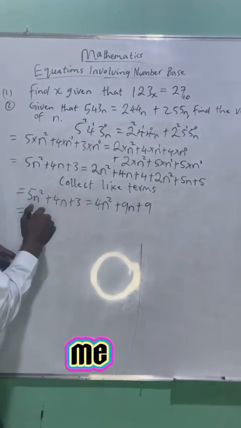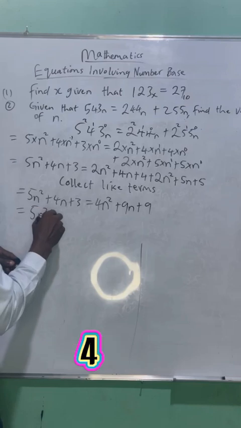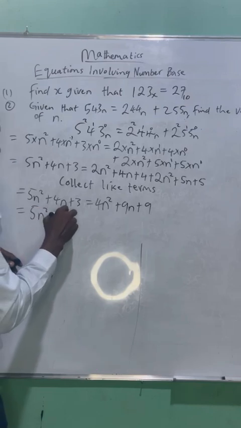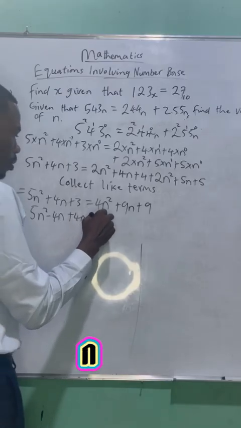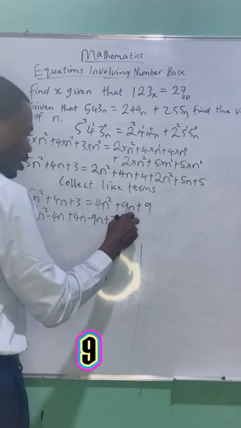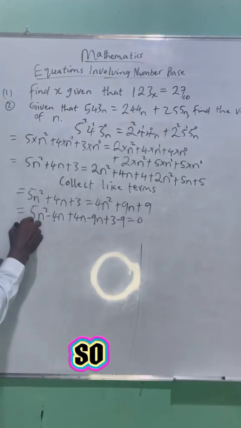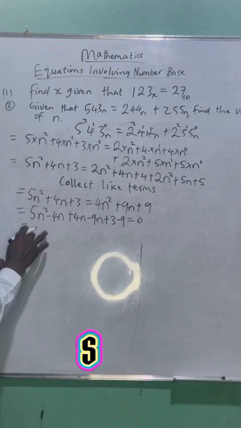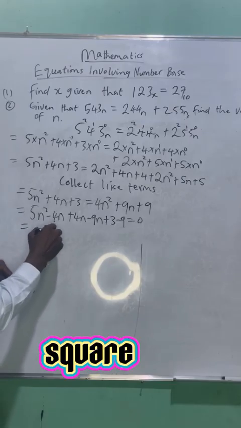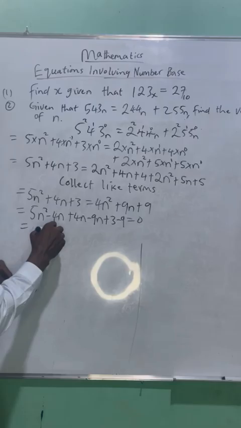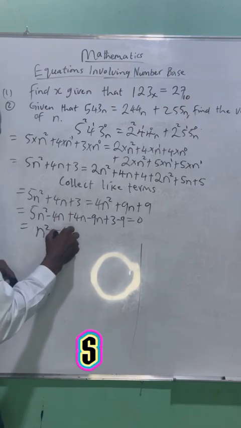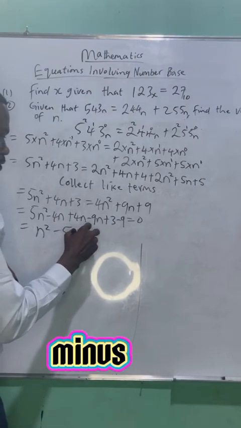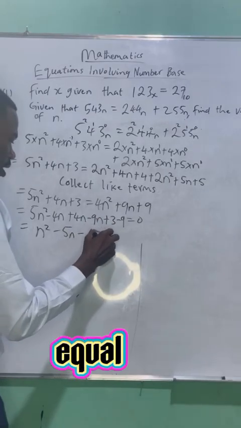This will give me 5n squared minus 4n squared plus 4n minus 9n plus 3 minus 9 all equal to 0. So this will give me 5 minus 4 is n squared, 4 minus 9 is minus 5n, 3 minus 9 is minus 6, equal to 0.